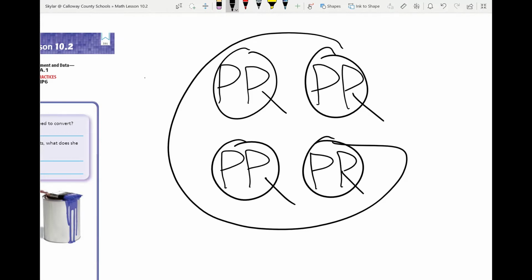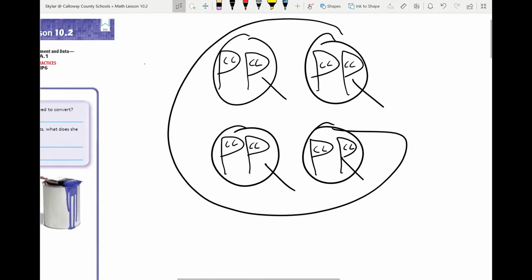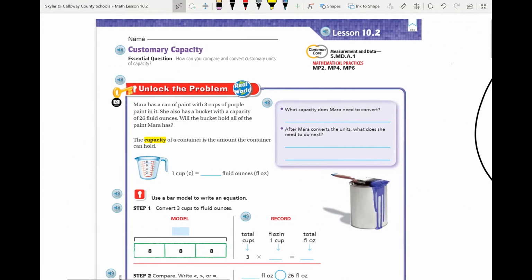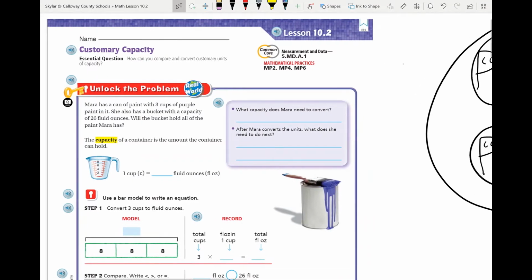So that means in 1 gallon, you have 2, 4, 6, 8 pints. Inside of each of those pints, you also have 2 cups. And then I'm not going to draw the C's so large, but you also have another unit, and that is ounces.